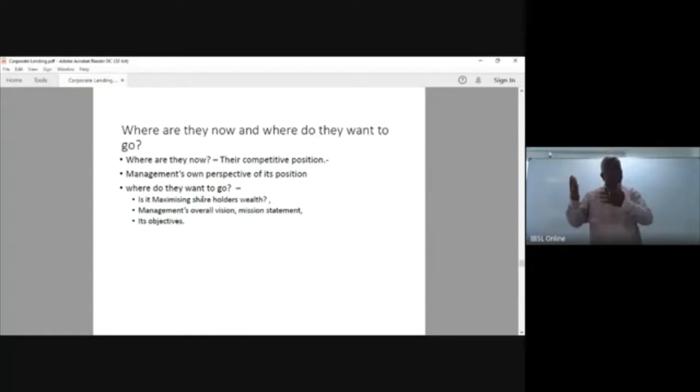They should know the mission. They must have a mission. So the vision and the vision statement are important, and then what are their objectives? They must have a clear vision, and a clear way to achieve it, and the objectives. So where are they now and where do they want to go? They must have their plan.